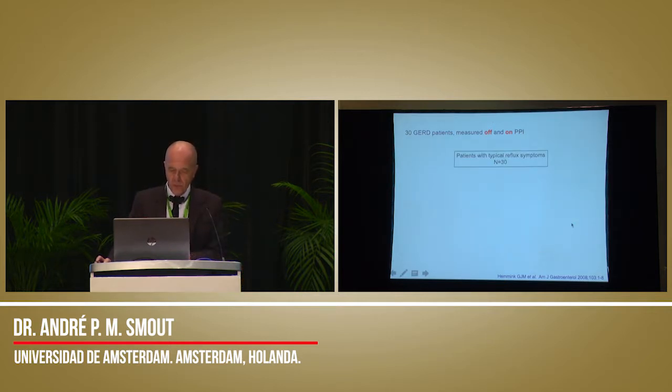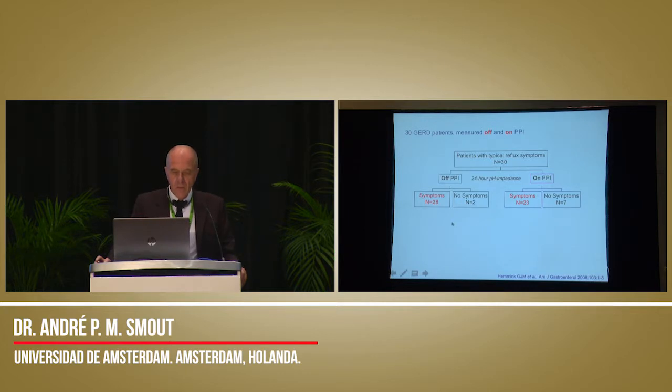This same person also studied the symptom index on and off PPI in these same 30 patients. It was found first that more patients had their symptoms, let's say heartburn, regurgitation, during the study when they were off PPI, 28 versus 23, and more patients had a positive SAP than when they were on PPI.